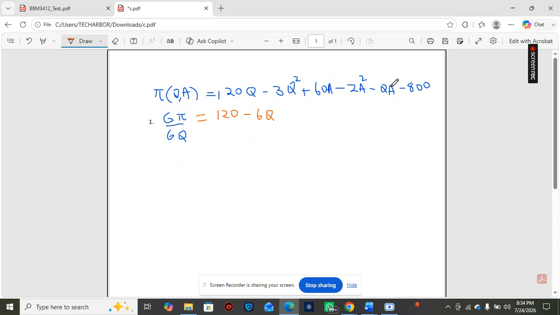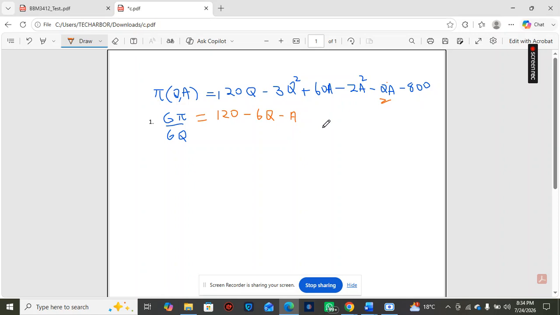This QA here, when we derive it, since this is Q to the power 1 and A to the power 1, deriving Q gives us A, so it becomes minus A, like this. Any questions, colleagues?